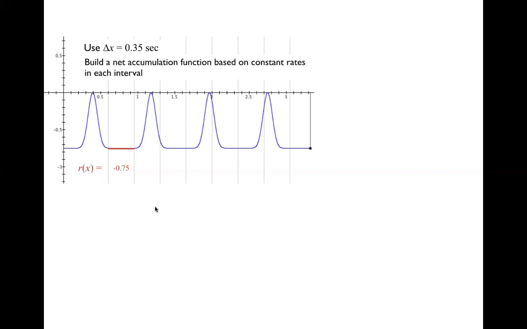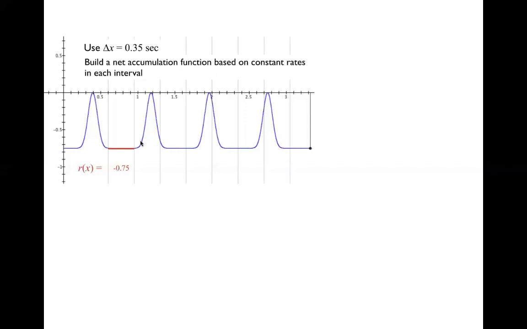Okay, so what about in the next interval? In the next interval, we need to come up with one constant rate that's trying to be like this very widely varying rate. It starts at negative 0.75, goes up to 0, and comes back down, all in that interval. But we just want one constant rate. So we want to say, what would be the best match?